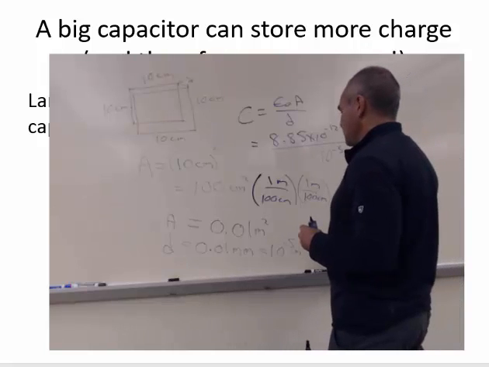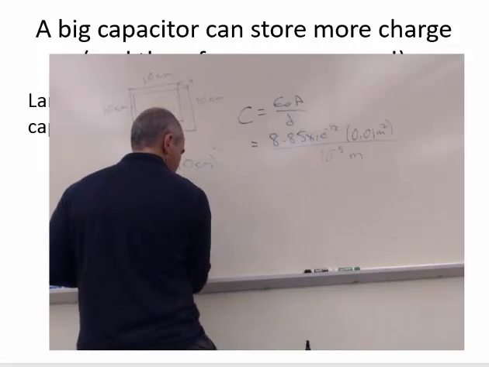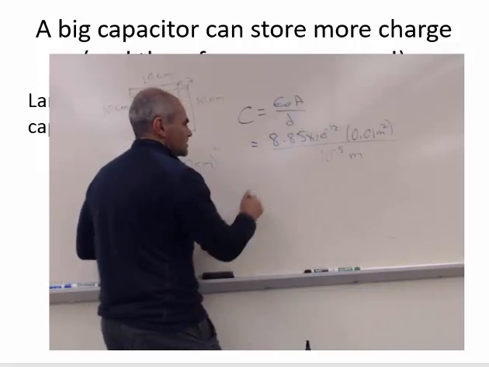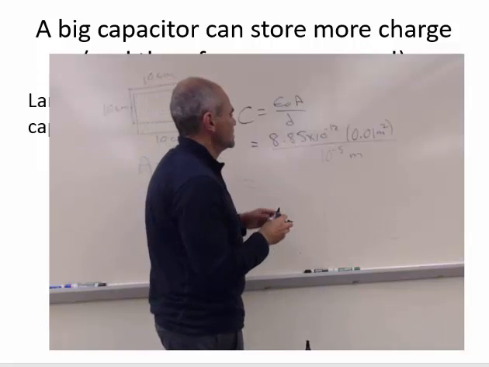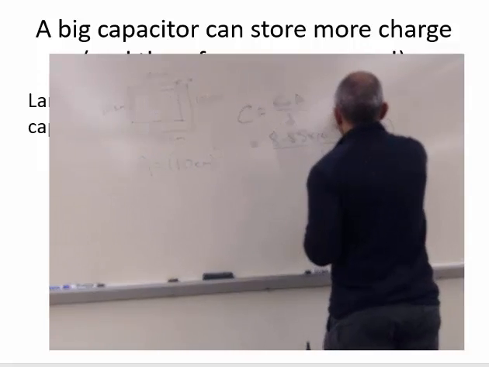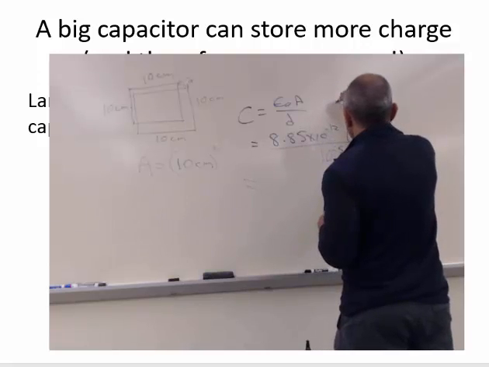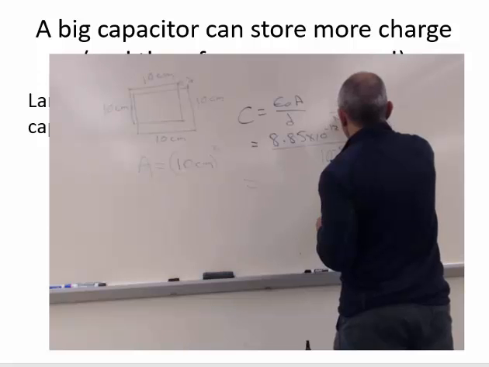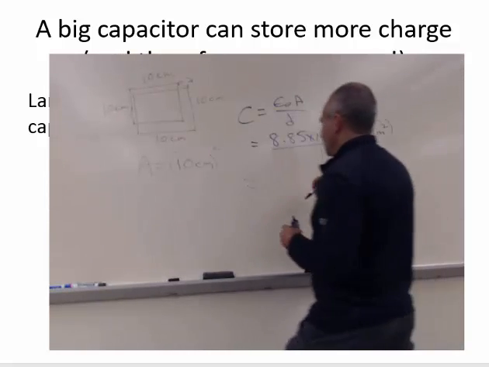If I multiply all of these out and divide, I'm going to get, let's see, this of course is units of Coulomb squared per Newton meter squared. So if I multiply this out, I'm going to get farads.